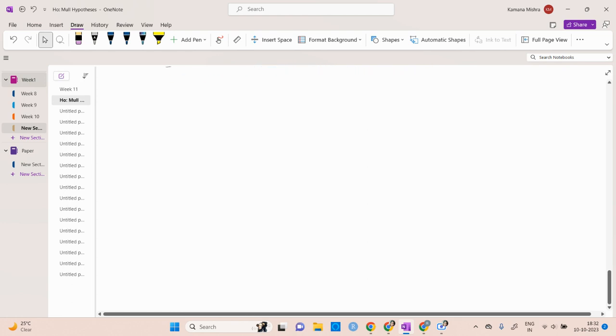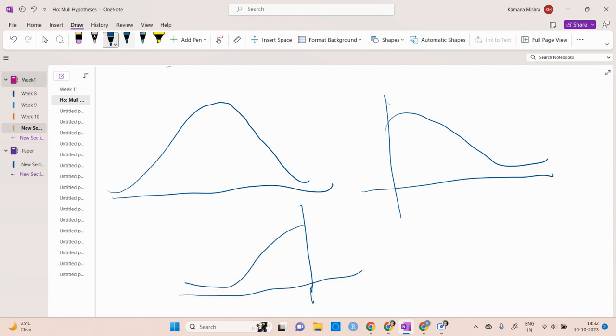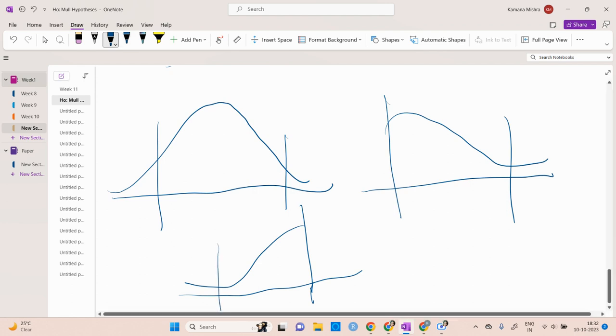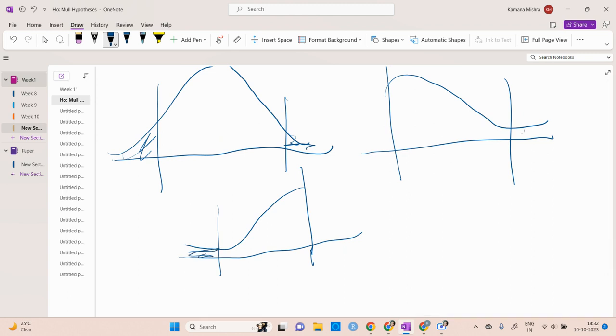Now the next thing is the critical region and the acceptance region, right? So there will be three types: this kind, this kind, and this kind, right? So these are the points.